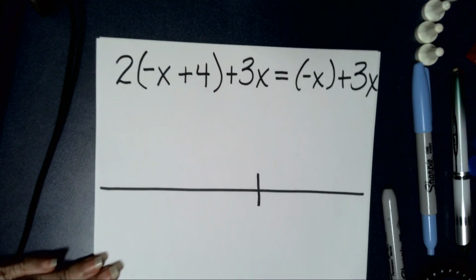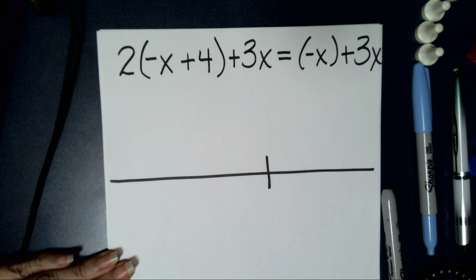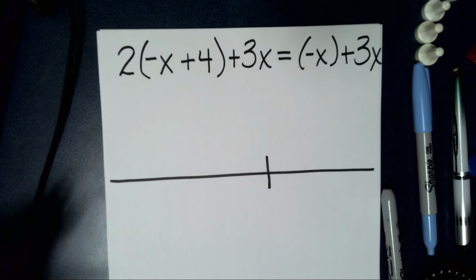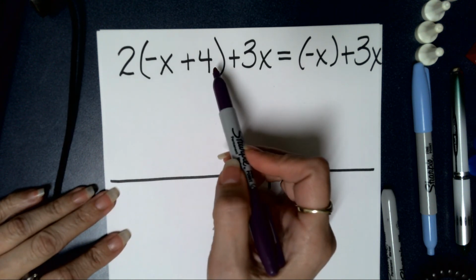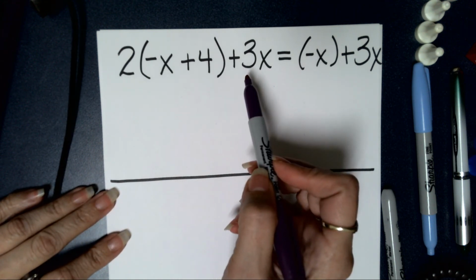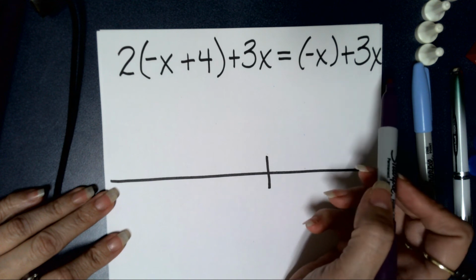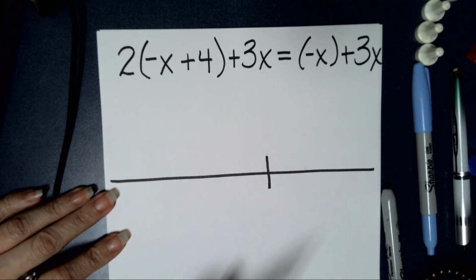Okay, let's try this one. This one is a set problem because we have 2 sets of star plus 4 plus 3 X's equals star plus 3 X's. So let's start drawing first.